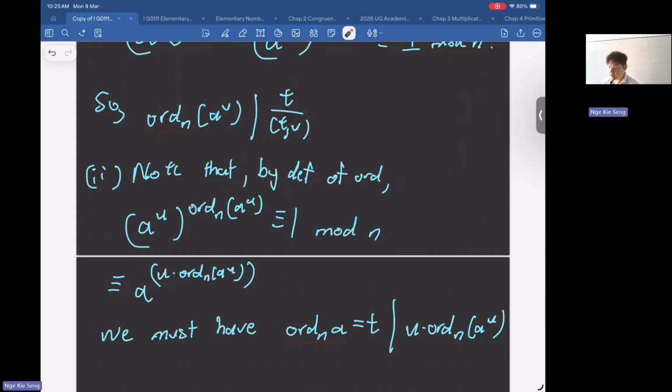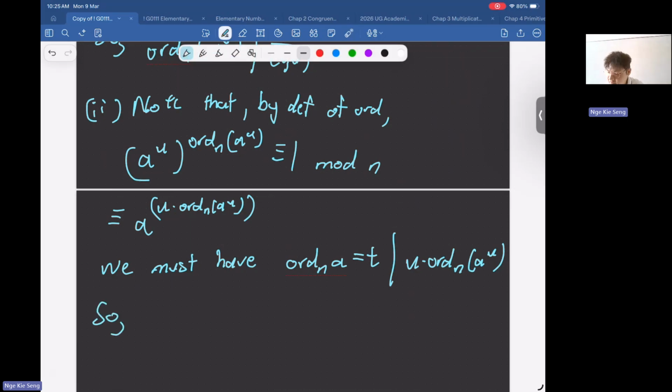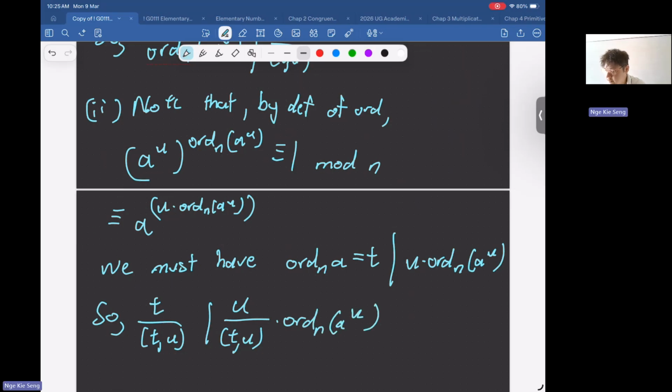Well, we can divide both sides by the GCD, right? So what's our GCD? GCD of T and U. Is everyone okay with this step here?